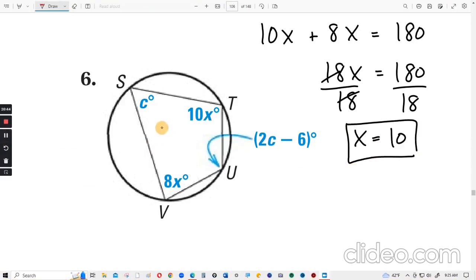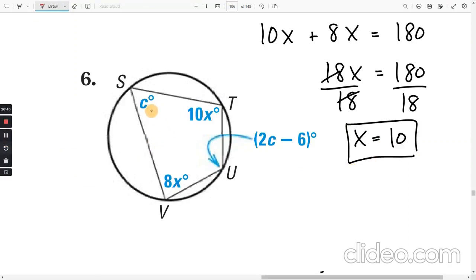Okay, opposite angles. Once again, we're going from C diagonally across. Alright, this is C, and this one here is going to be 2C minus 6. So all we have to do is take this expression and this expression, set them equal to 180.